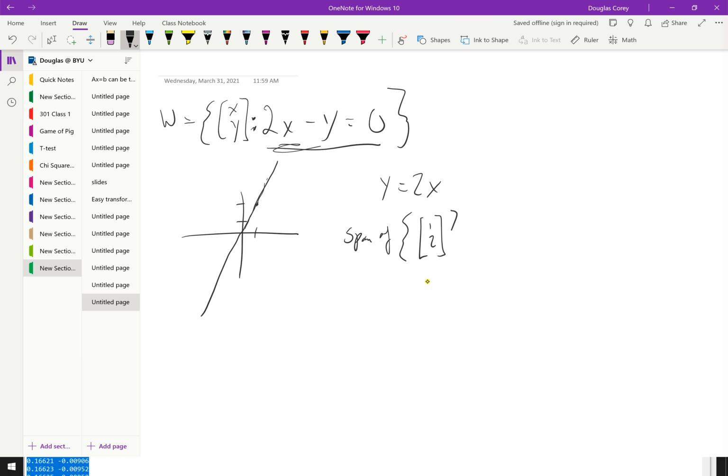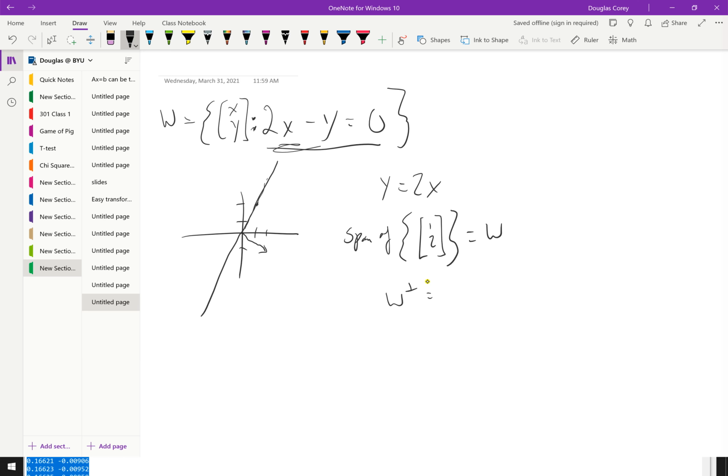So that's W. And then you might think, okay, I can just find a vector orthogonal to that. W perp would be the line that's perpendicular to that through the origin. We just need to get one vector there, so we can define that line as a span.